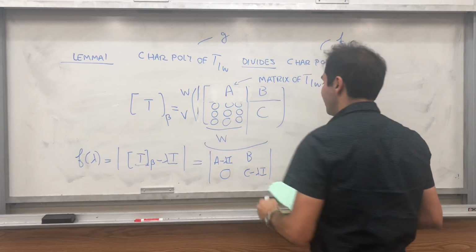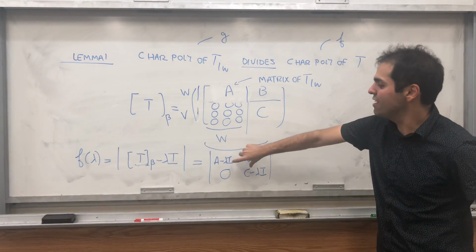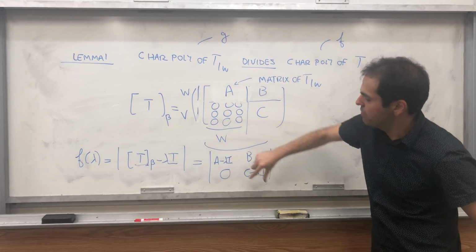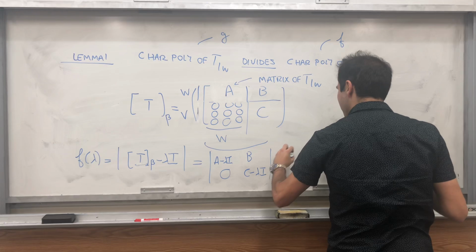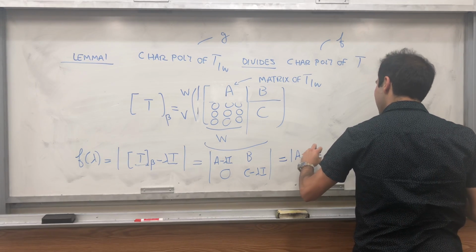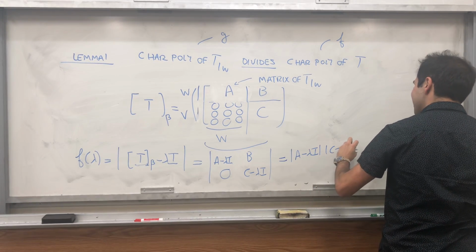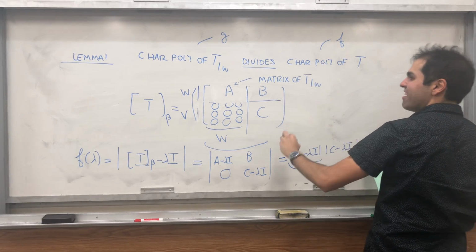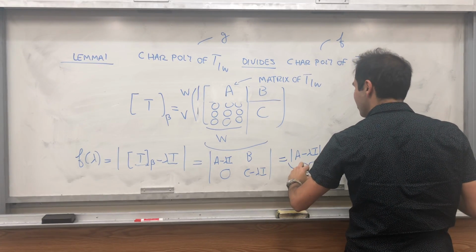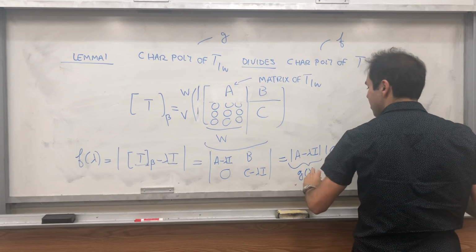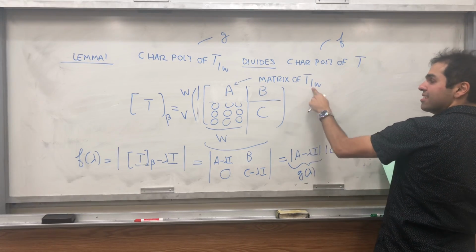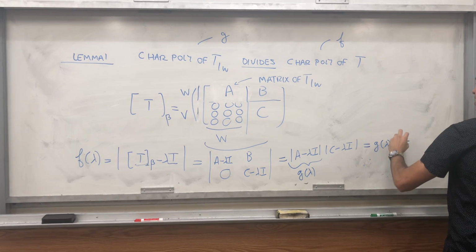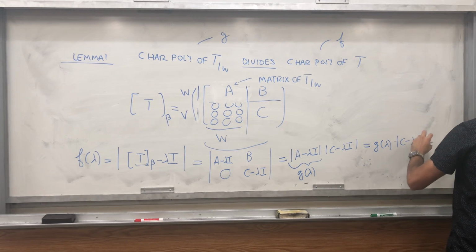And the nice thing about determinants, even for block matrices, is that the determinant of this is the product of the diagonal blocks. So that's the determinant of A minus lambda I times the determinant of C minus lambda I. But by definition, the first factor is the characteristic polynomial of T restricted to W, because remember, A is the matrix of T restricted to W. So we get G of lambda times some other polynomial.